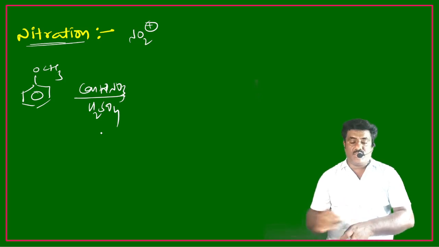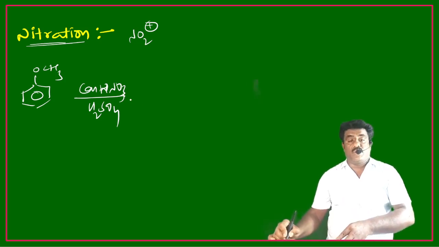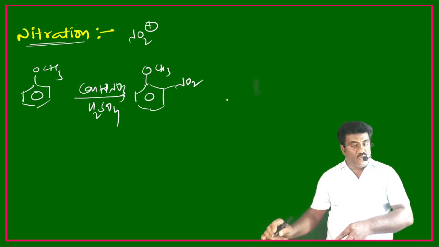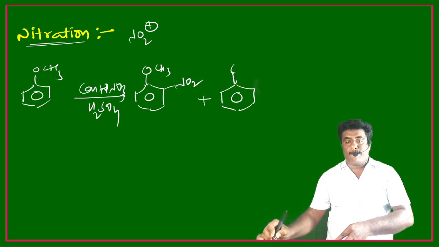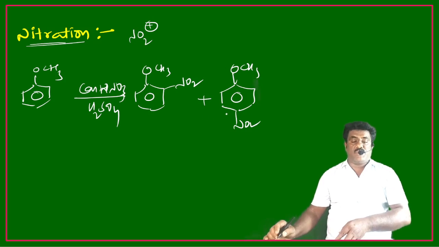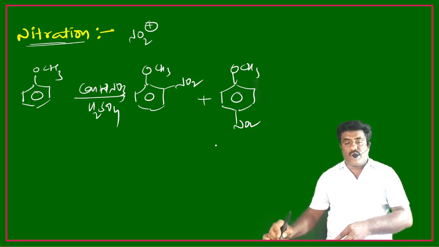It gives 2-nitro anisole and 4-nitro anisole. Which is major? 4-nitro anisole is the major.